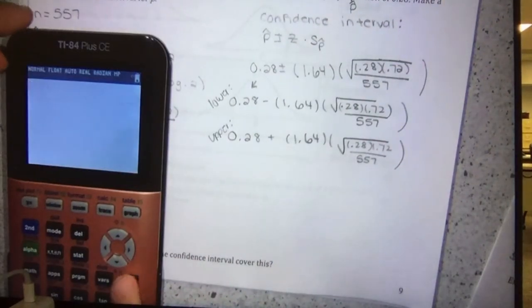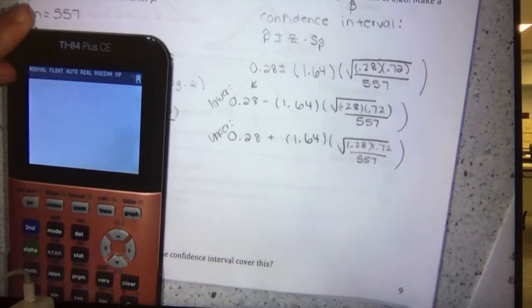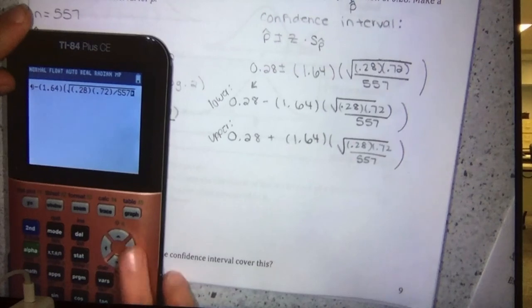And then now just plugging it in: 0.28 minus 1.64 times the square root of 0.28 times 0.72 divided by 557.